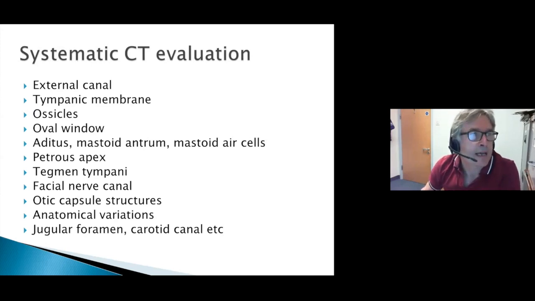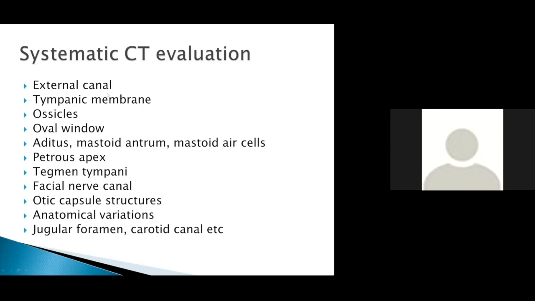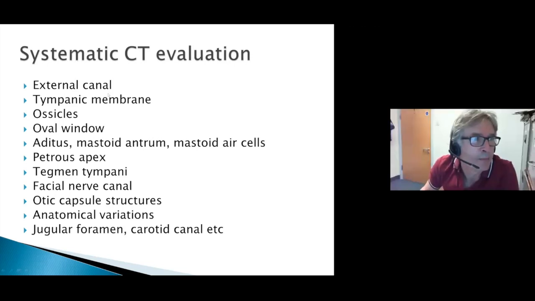So my natural approach is to work from the outside inwards. Starting at the external canal, looking at the bony external canal: is there any soft tissue within the external canal itself? Moving on to the tympanic membrane: can I see it?